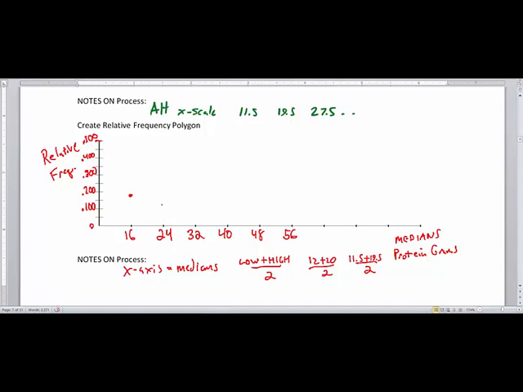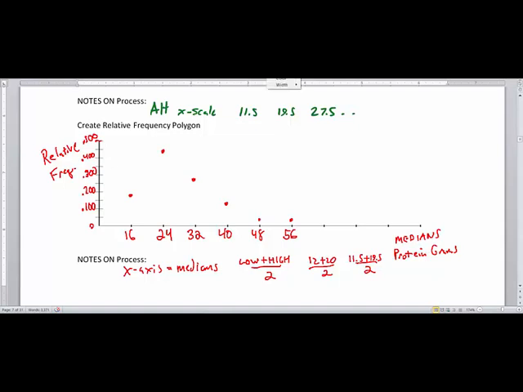And the second dot is up to 425, or 0.425. The next one is going to be 0.250, which is halfway between 200 and 300. And the next one's going to be 0.100, or 100 thousandths. And the last two are going to be 25 thousandths.